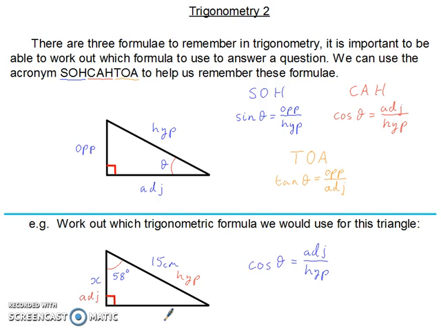Cosine of our angle, 58 degrees, equals adjacent on top of our fraction. The adjacent we're calling x in this example, x over the hypotenuse, that's 15, x over 15. I'll go more into that in the next lesson when I show you how to work out the side on a triangle.